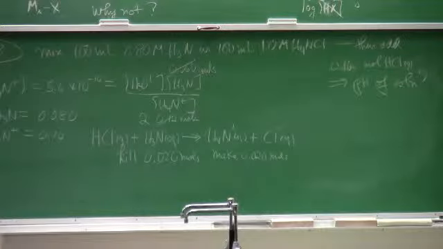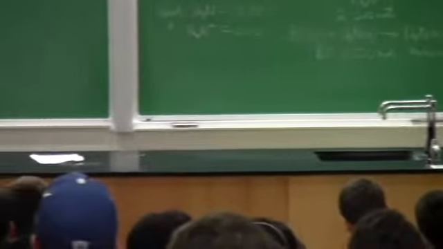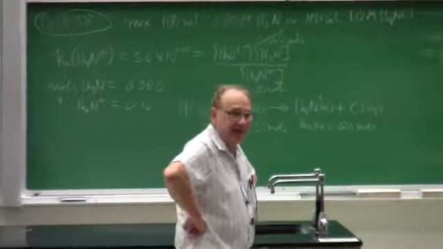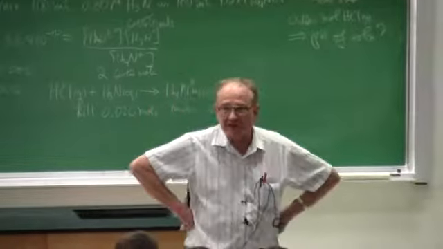Now what's going to happen? Will I kill all the ammonia? Yes. And in so doing turn all the killed ammonia into ammonium ion, just like before. But after killing all the ammonia, I still will have a residual 0.020 moles of HCl, won't I? Will that react with something else in the system? Yes. What's the something else? Water.